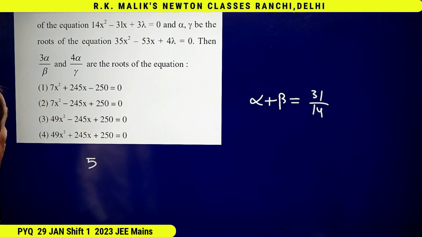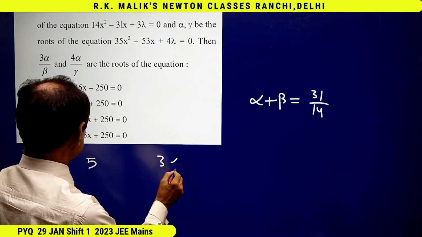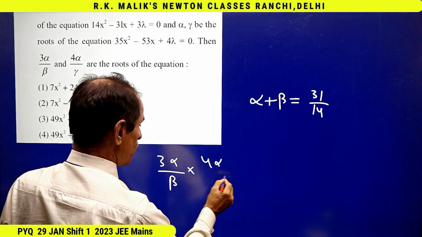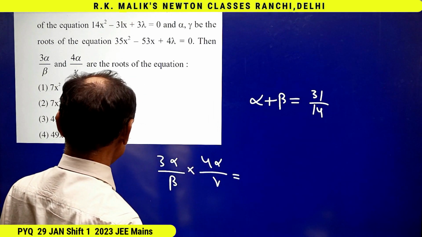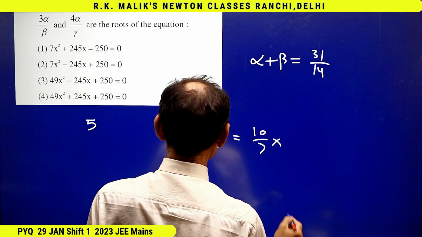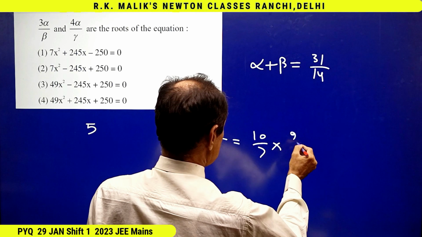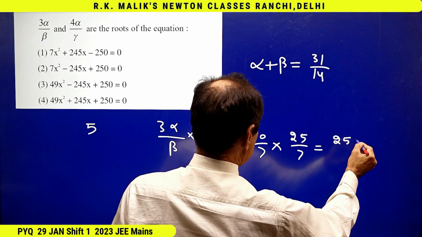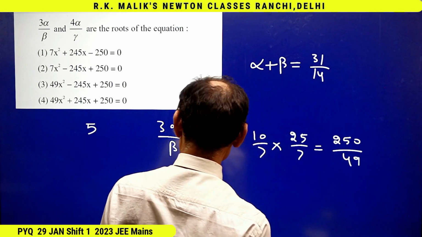And now product of these two numbers, that is 3 alpha upon beta into 4 alpha upon gamma, is equal to 10 by 7 into 25 by 7, that is 250 upon 49.